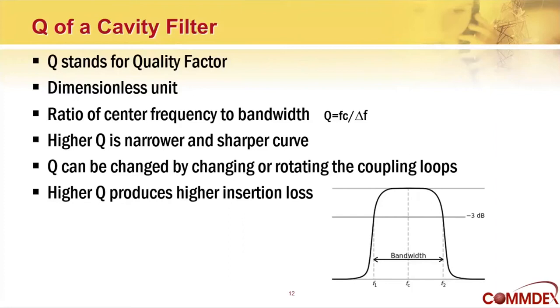Another way you can change the Q, and we already talked about putting cavities in series or increasing the size of the cavity, is that these coupling loops can also be changed out for more selective coupling loops, or they can be rotated to provide tighter coupling. So that's what we mean by the Q of a filter.